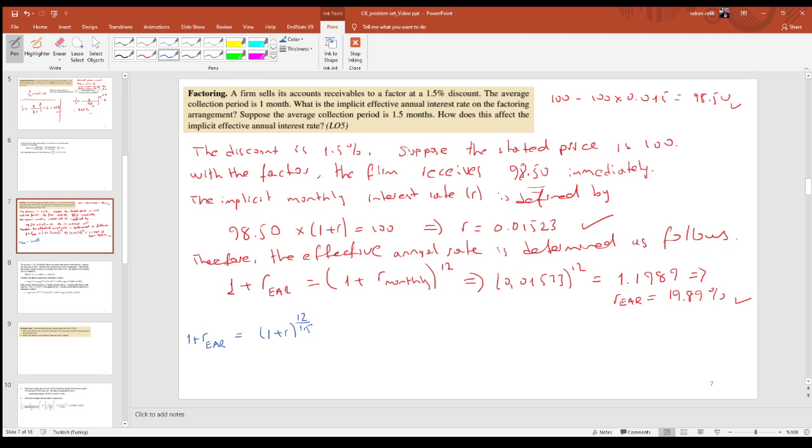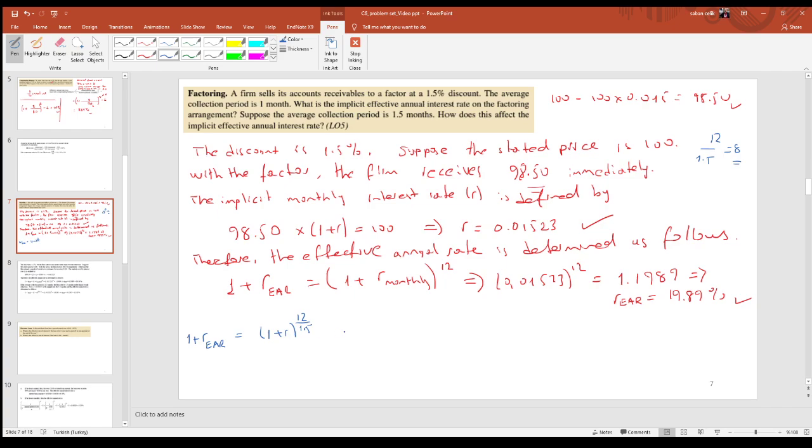Now what do we mean by this? Why do we divide 12 by 1.5? It is because we want to know how many 1.5-month periods we have within a year, and this should be equal to 8. So 12 divided by 1.5 is going to be 8.